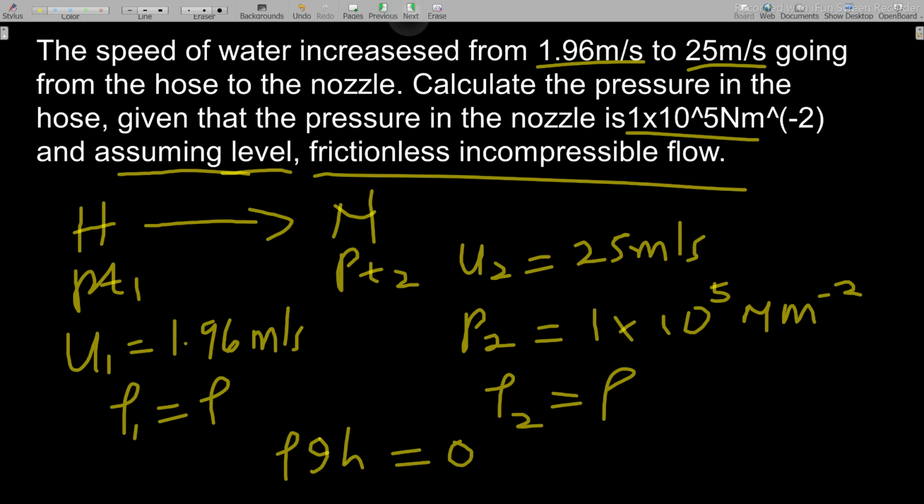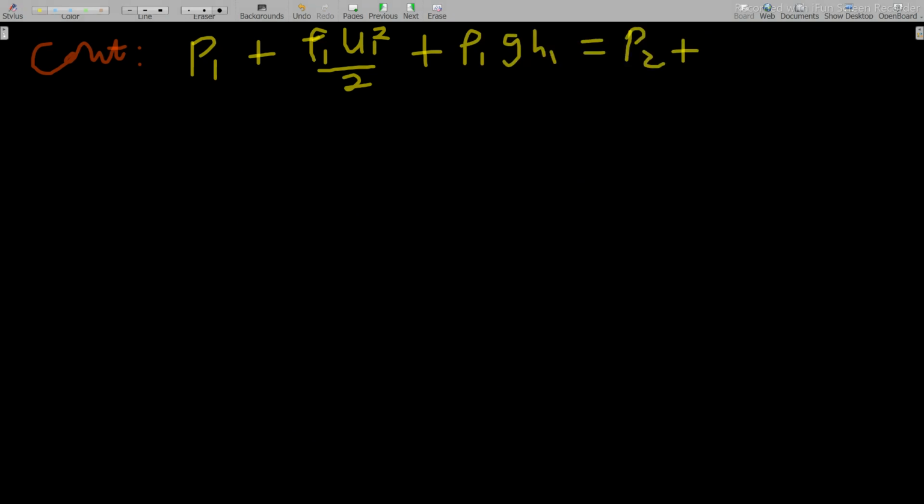So it means Bernoulli's equation, which is given by P1 plus ρ1 U1 squared over 2 plus ρ1 gh1 equals P2 plus ρ2 U2 squared over 2 plus ρ2 gh2.